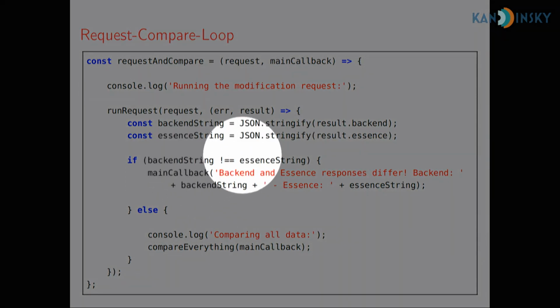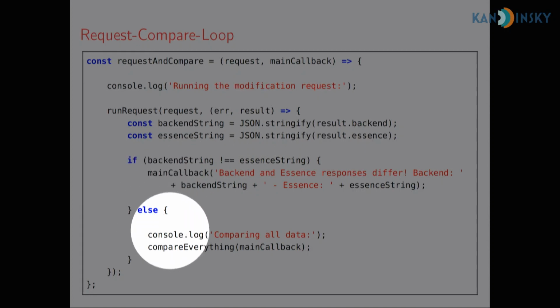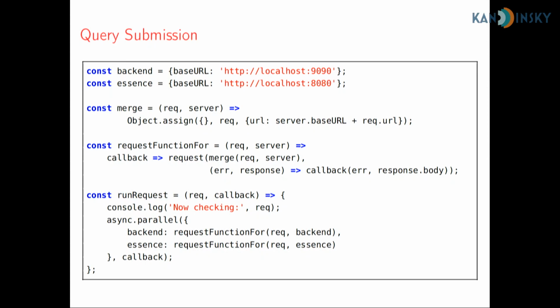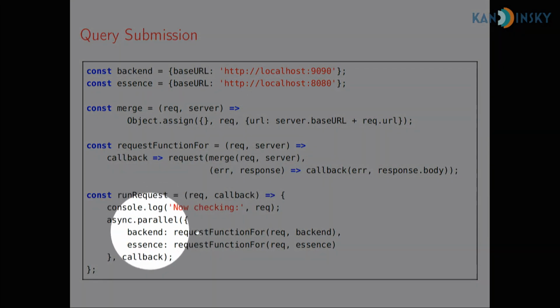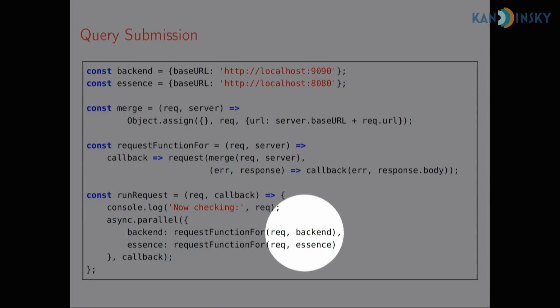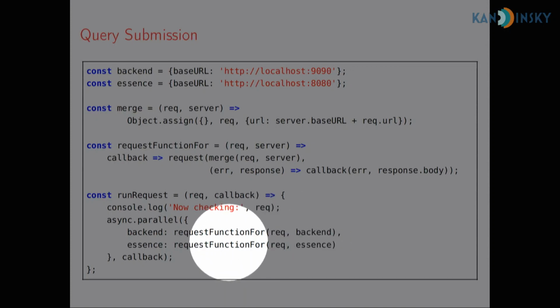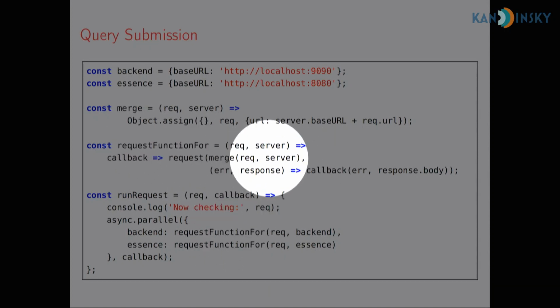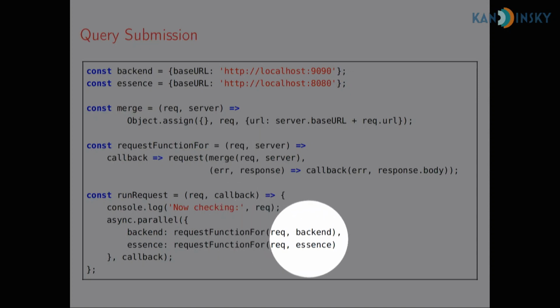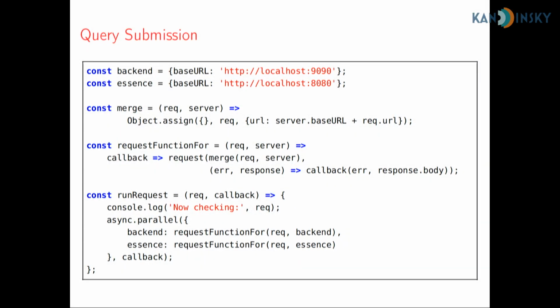Otherwise, if the result matches, then I will still need to compare everything here. And that's the next thing. This is the details of the run request. So here we run the backend and the essence in parallel, and we run the request either for the backend or for the functional essence.